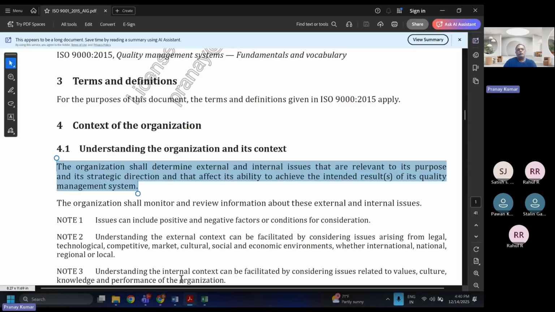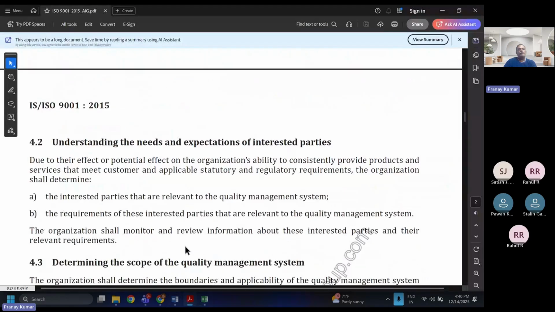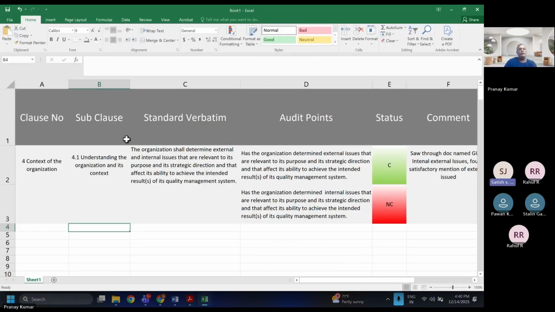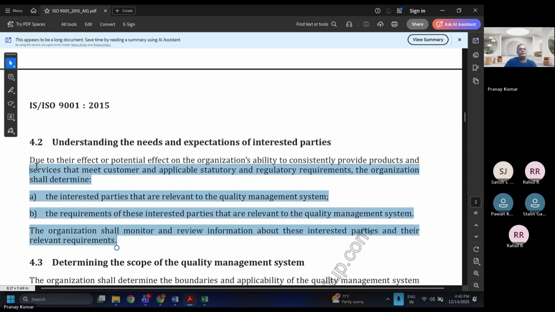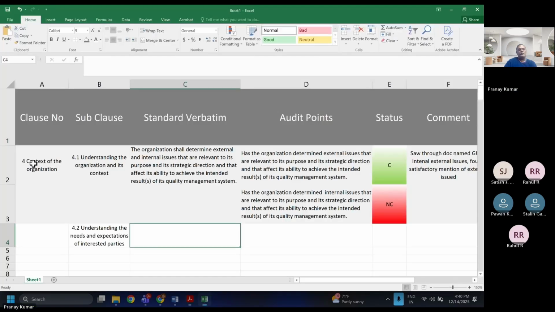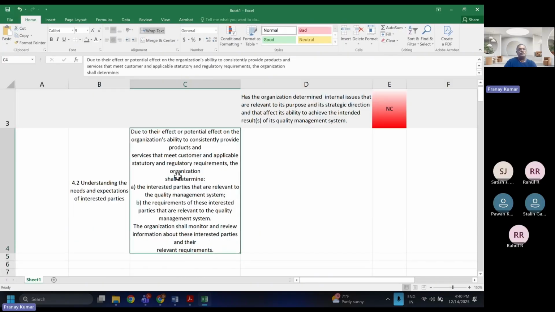Now let's go to 4.2. Again, copy paste the name. Copy paste what the standard is saying. Turn this into a question. What is it reading?